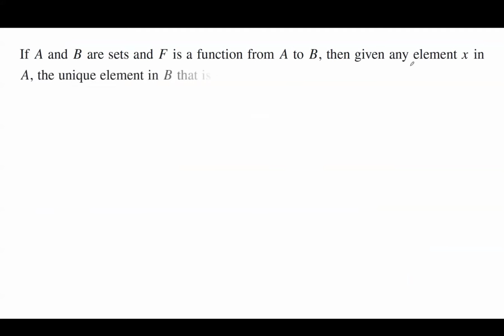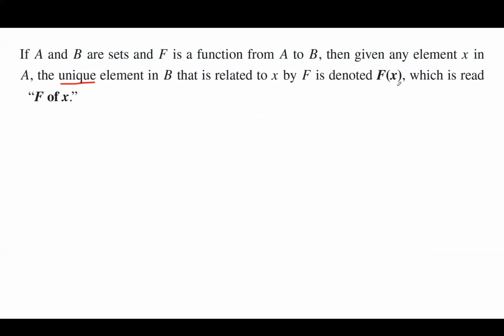If A and B are sets, and f is indeed a function from A to B, then given any element x in set A, the unique element in B that is related to x by f is denoted by f of x.